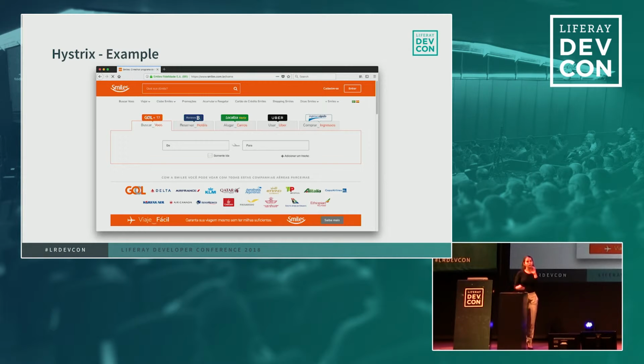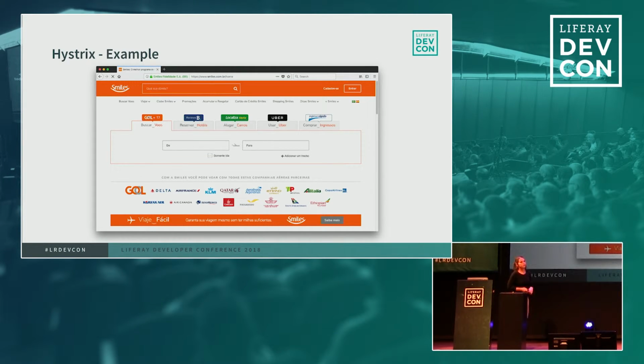So Liferay is the front door to our clients, and we need to make sure that Liferay will work, independent of their external services. So Hystrix and Liferay are a great team. They work really great together.